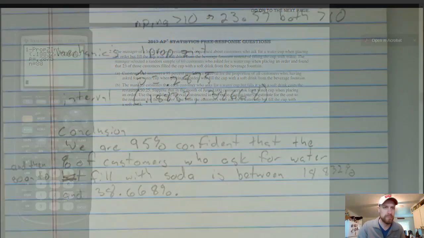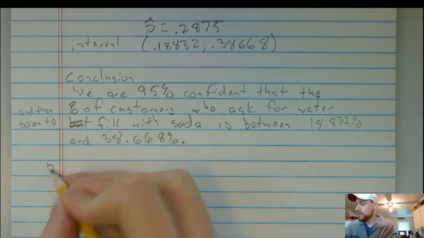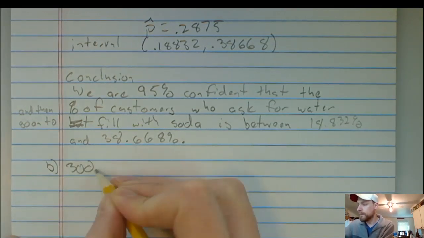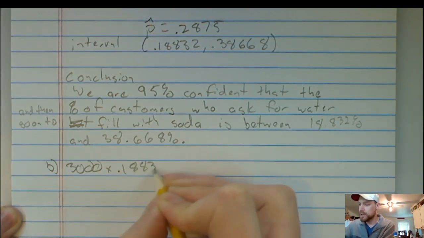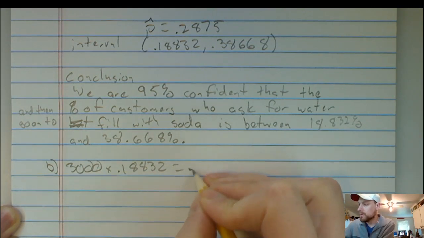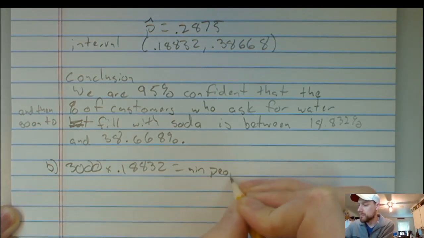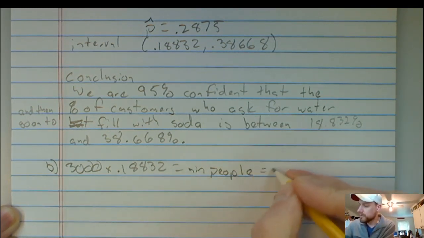So, if we do 3,000 times 0.18832, this is the minimum number of people that we would expect. It's like 565.